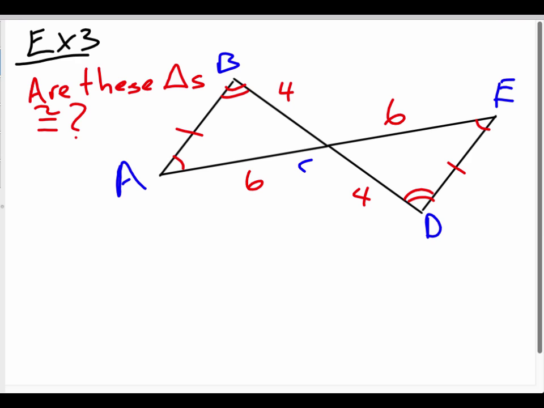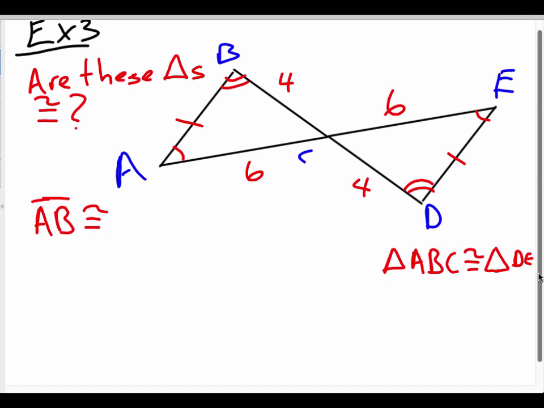So let's go through and list some things. If I say AB, the line segment AB, what is that congruent to? DE. Yeah, so what we have to prove is that triangle ABC should be congruent to triangle DEC, right?